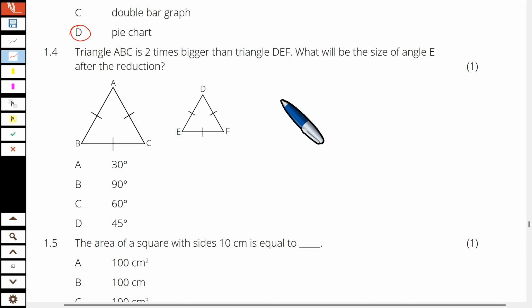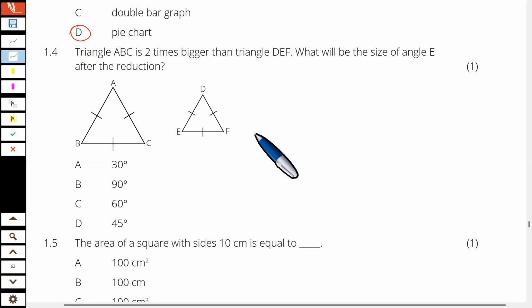1.4. Right, so the triangle ABC is 2 times bigger than triangle DEF. What is the size of the angle E after the reduction?